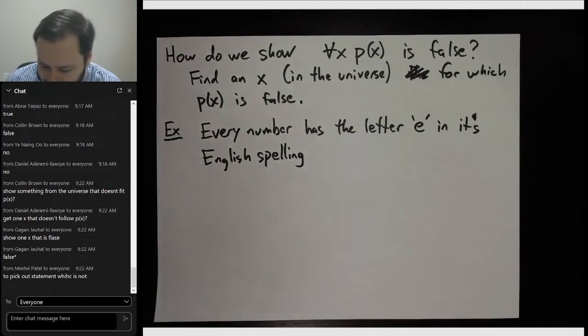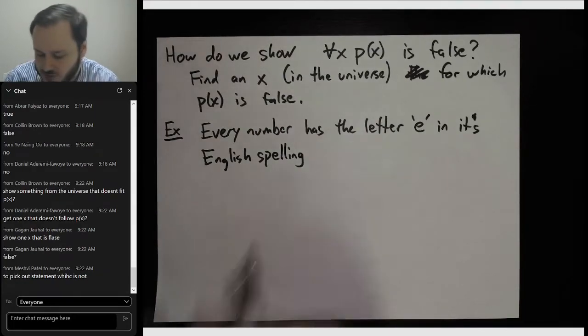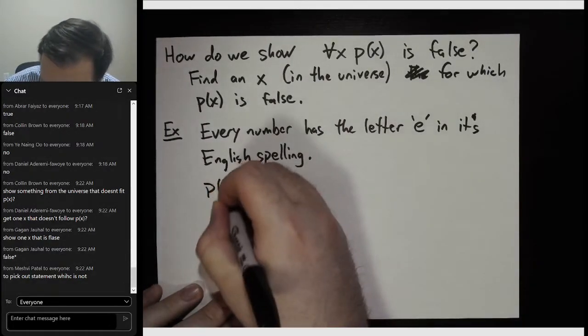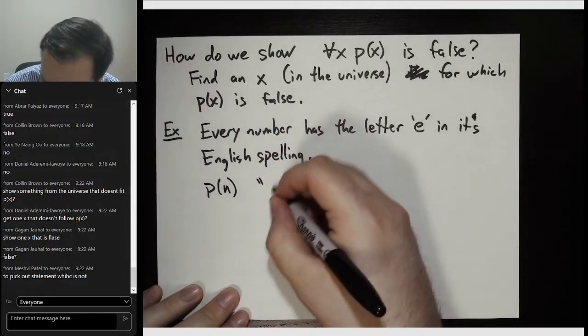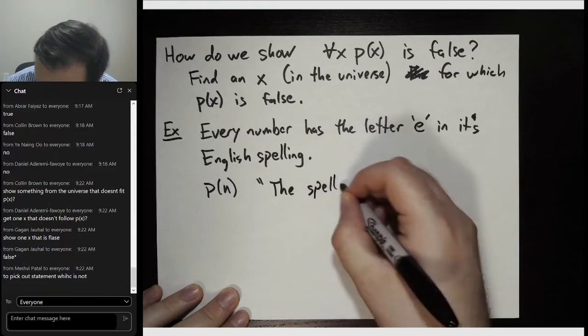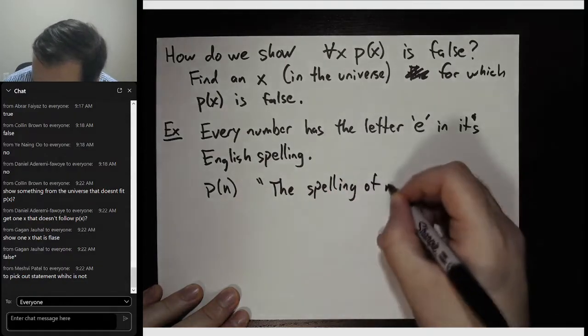We can turn this sentence into an open statement. So P of n is the statement: the spelling of n has an E in it.